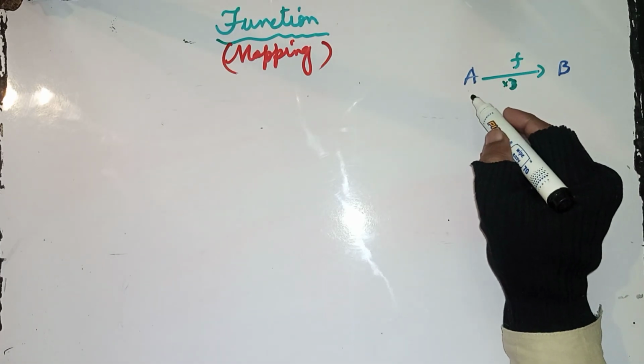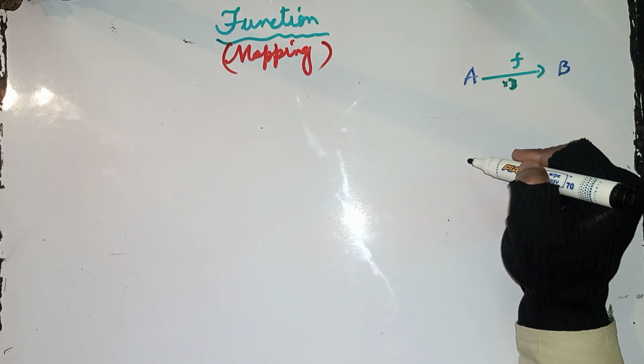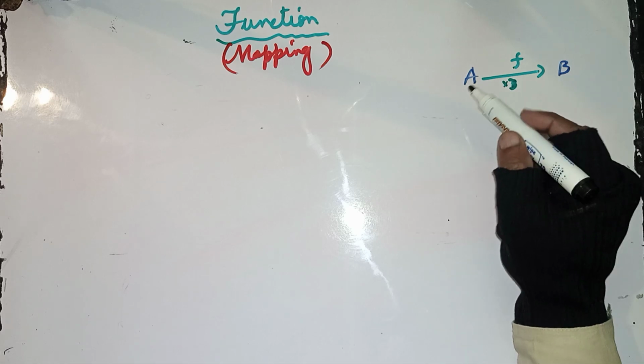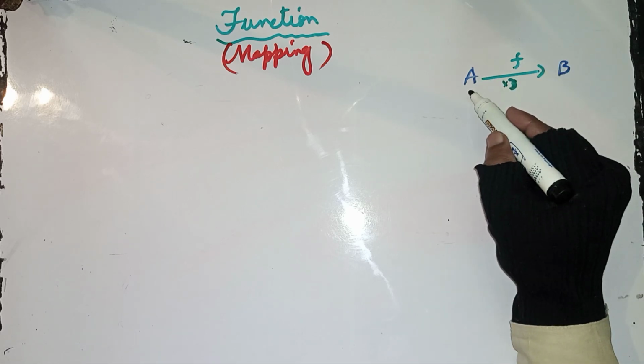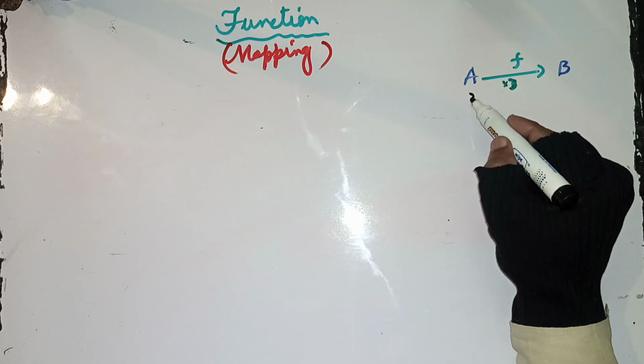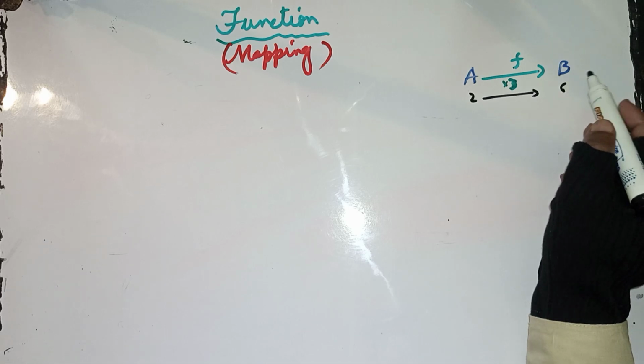These are two sets having a few elements, and these are non-empty sets. If I have 2 here, 2 times 3 is 6.